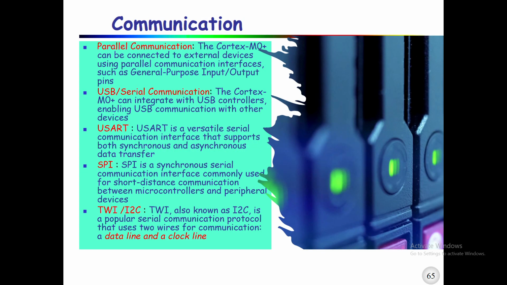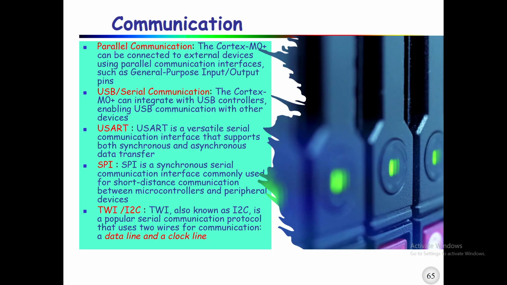And as for communications, mostly it's referring to the ports available out there, like parallel communication. For example, if you are having parallel communications, we can use the Cortex M0 Plus, which can be connected to external devices using parallel communication interfaces. Here, general purpose input output pins are used for parallel communications.